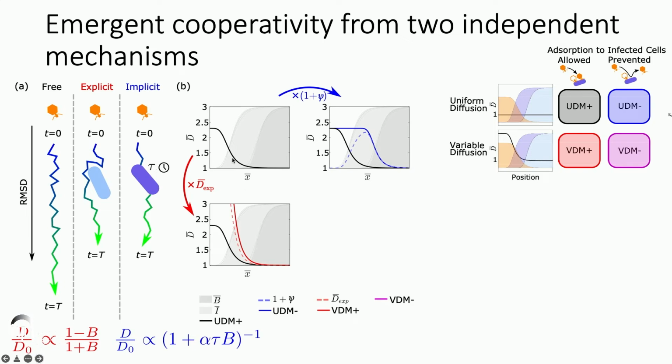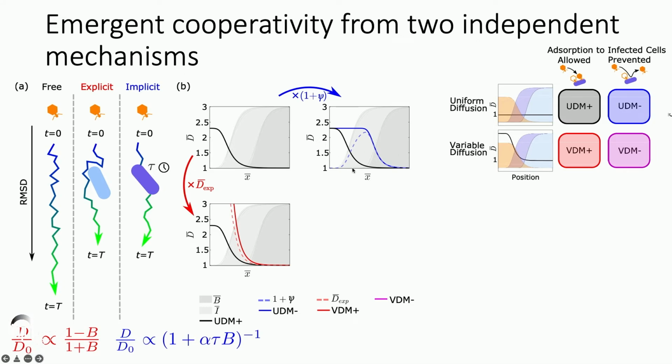In the UDM plus model, the previously infected bacteria can also absorb the phage, so you feel this reduction in diffusion coefficient already here in this light gray region, which is the region of infected bacteria. Instead, in the UDM minus model, the infected bacteria cannot absorb the phage anymore, so the phage that is up here doesn't feel this effect. It's only at the very front, where the uninfected bacteria are, that you feel this, which is why this is all shifted to the right.